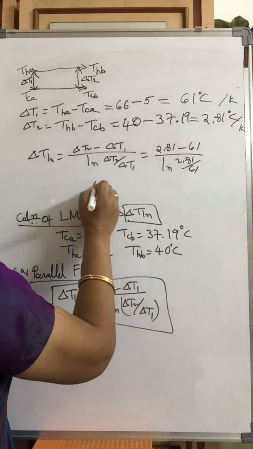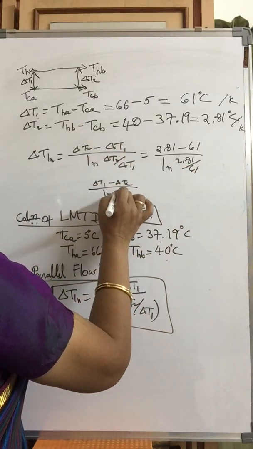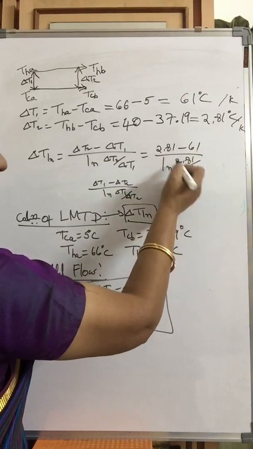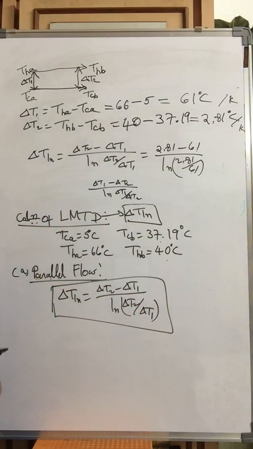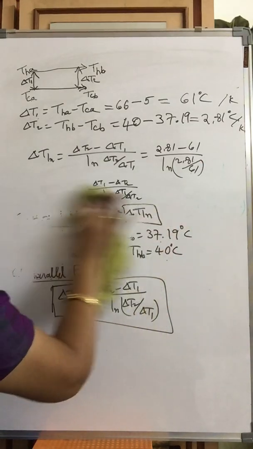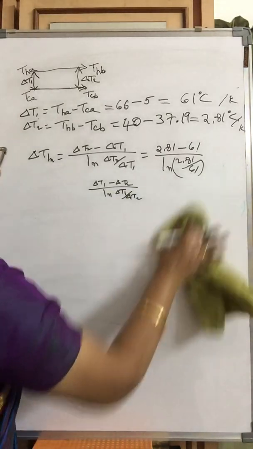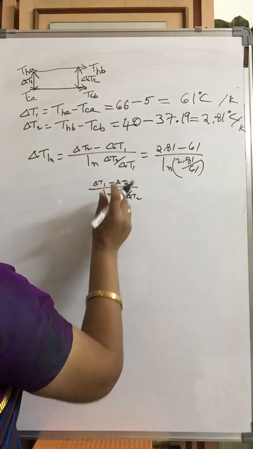You can take delta T1 minus delta T2 also, no problem. Anyway, you will get the same value, because here negative is there, but here also you will get negative value. So both will become positive. So this value is 18.9.